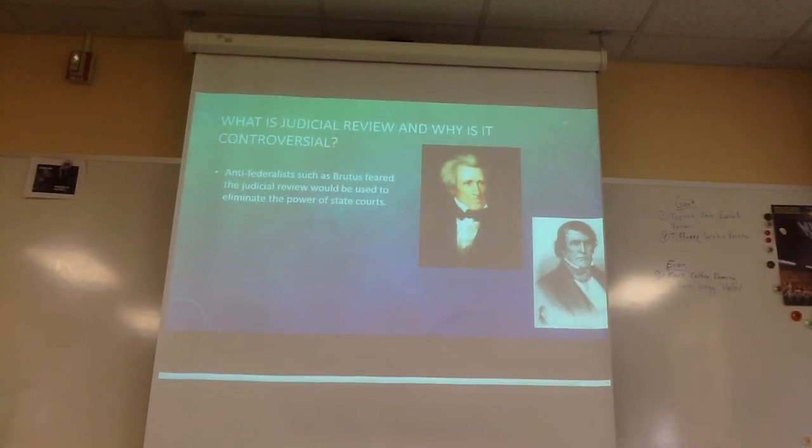Therefore, state laws were completely illegitimate because, remember, Hamilton argued that the Supremacy Clause would give the judiciary the ability to judge the law of the land, but the Supremacy Clause also would give federal government power trumping state powers. Once again, so federal courts could trump all state courts and eliminate state courts' power.